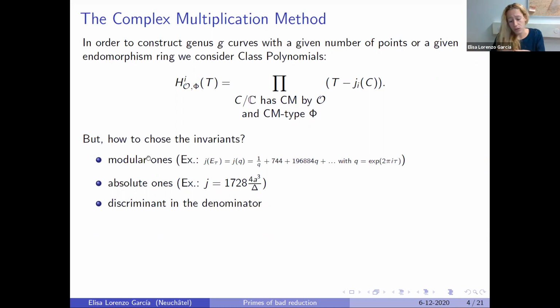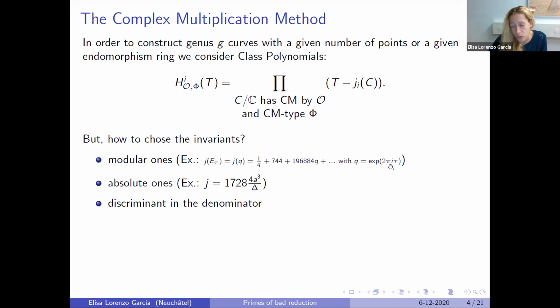Modular means that if your curve is defined over the complex numbers, you can also consider the Jacobian of the curve, which is a principally polarized abelian variety, and you can look at the Siegel modular forms. Invariants are related with these Siegel modular forms. Maybe this is complicated if you never heard about it, but the classical example is the elliptic curve, where you are able to write down the j invariant in terms of tau.